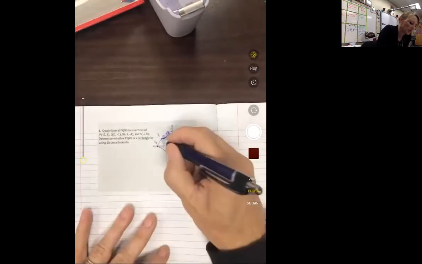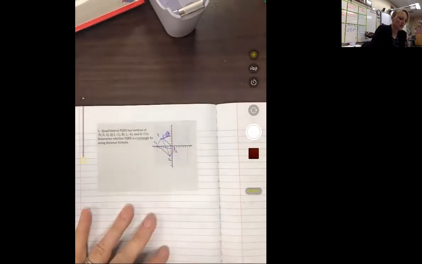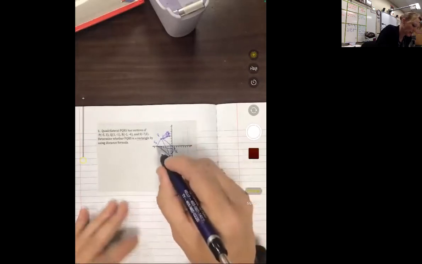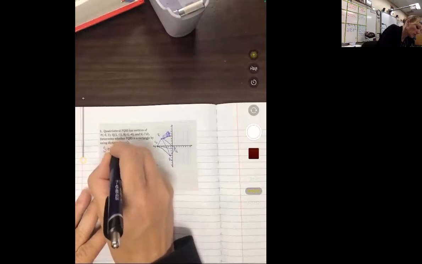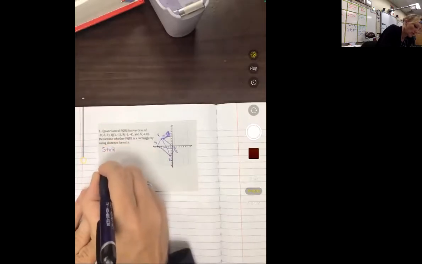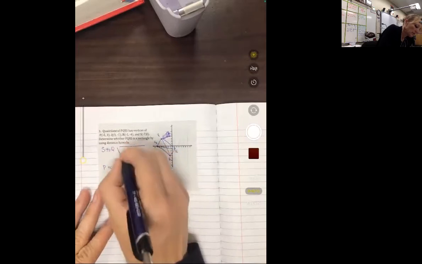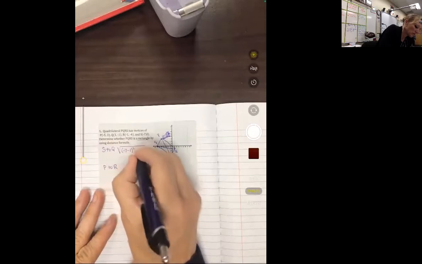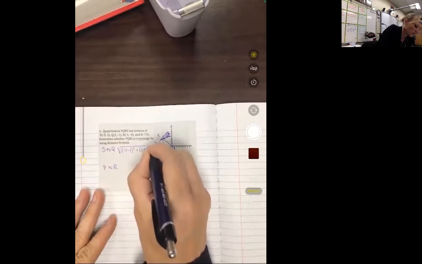So if we want to prove a rectangle, we need to prove that PR is congruent to SQ. That's what we need to do. So S to Q, and we need to find P to R. From S to Q would be -7 minus 1 squared plus 0 minus -1 squared.